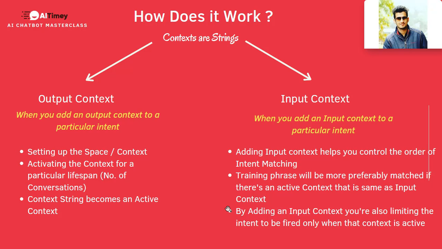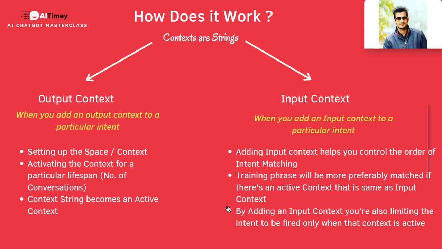And now it is very clear that these 2 intents will only be matched if X is already an active context, and for that you will need to have X in some other intent's output context, and you will need to trigger those intents before you try to trigger these intents, or else these intents won't be triggered, right?